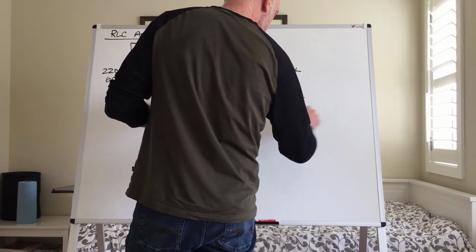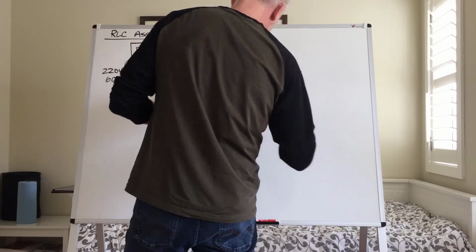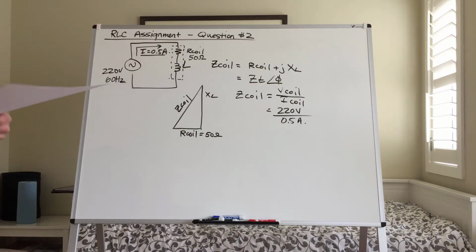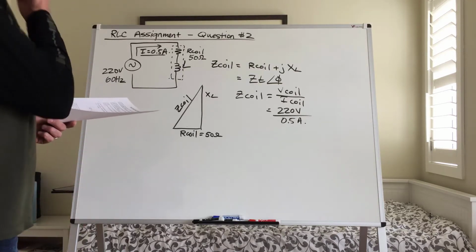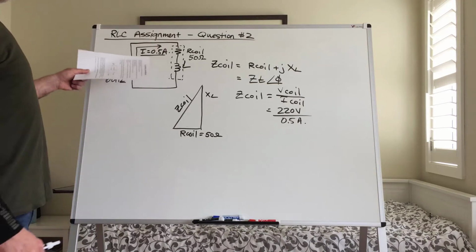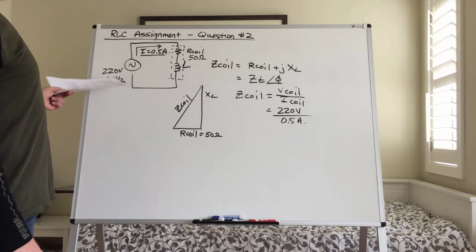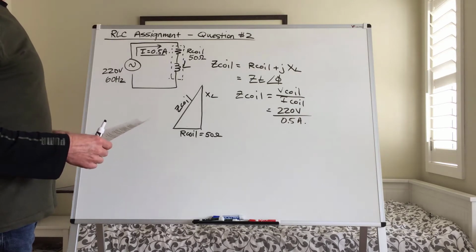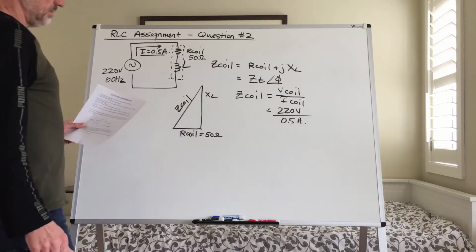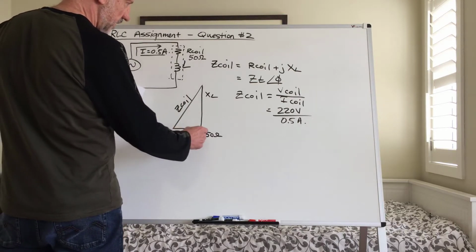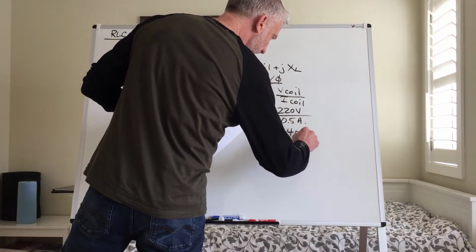So 220 volts divided by a 0.5 amp current is going to allow us to calculate our value of Z coil, because remember, when it comes to the impedance of any component or circuit, if we have the applied voltage and the total current, dividing the current into the voltage is going to give us that total impedance. So that means our Z coil impedance here is one that's made up of R coil plus XL to give us that value. So in this case, that would be 440 ohms.